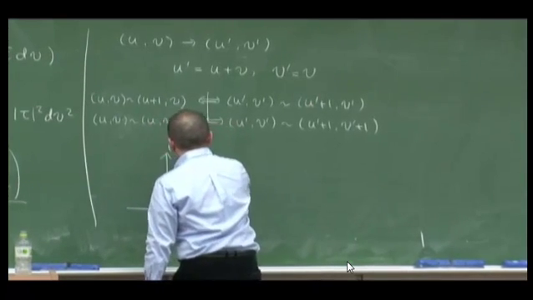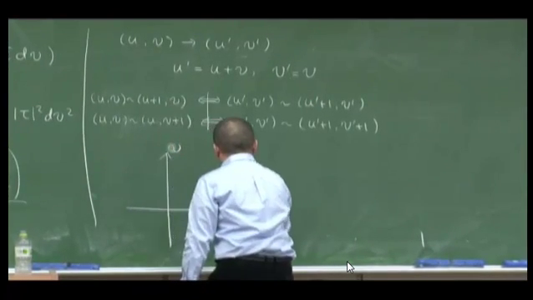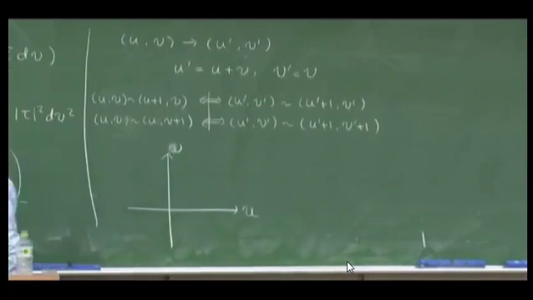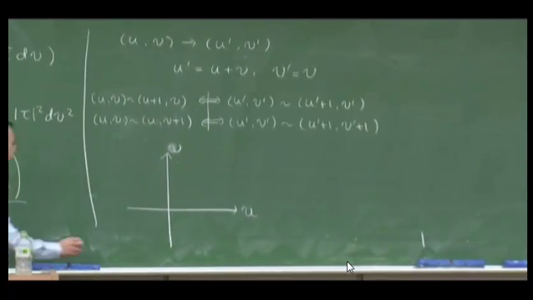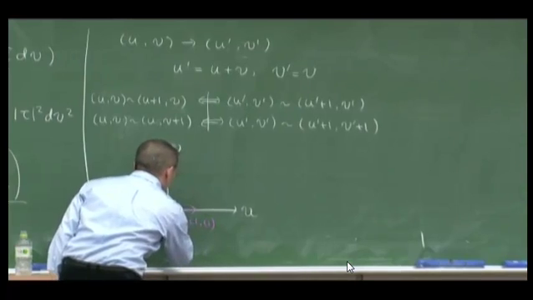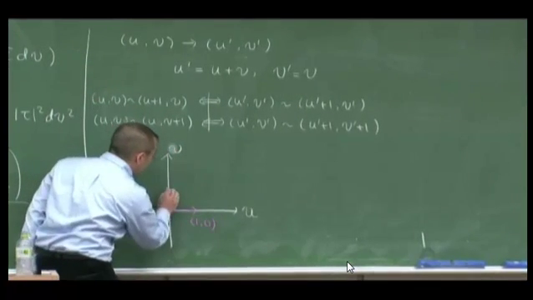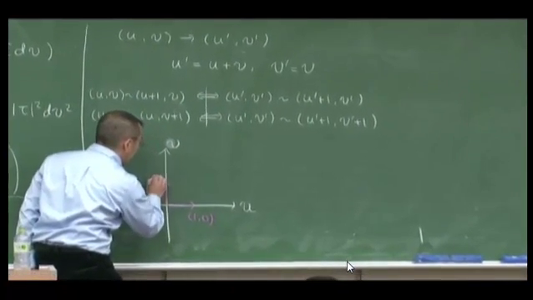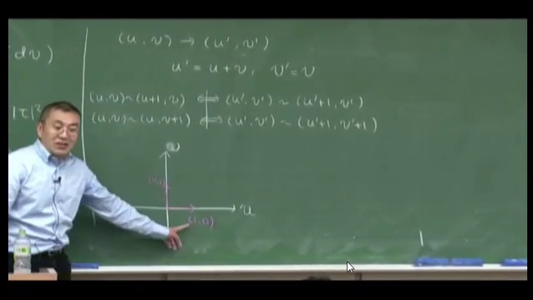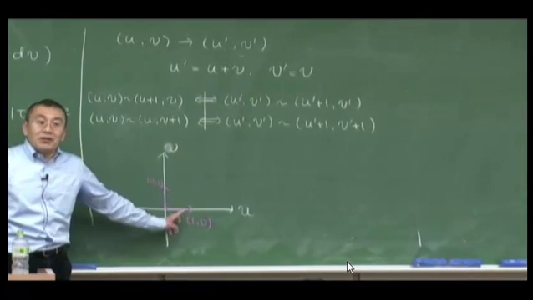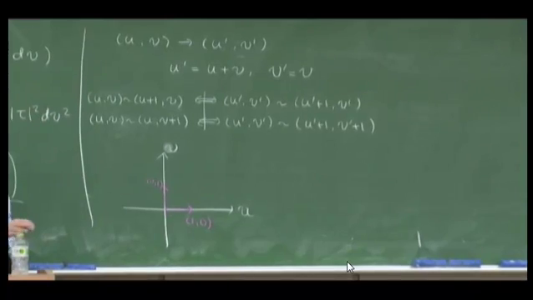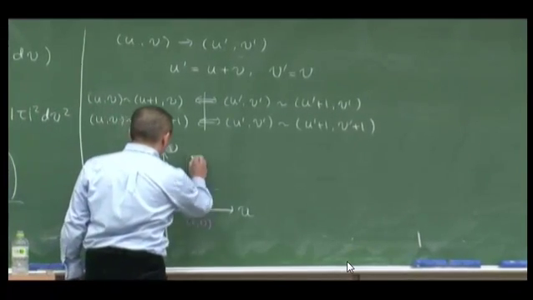In the original coordinates, you had u and v, and then we had two fundamental vectors. One is the vector with components 1, 0, and the other is a vector with components 0, 1. You can easily see that if you start with these two vectors and consider arbitrary linear combinations with integer coefficients, then we can generate the square lattice, obviously. So this generates this square lattice.